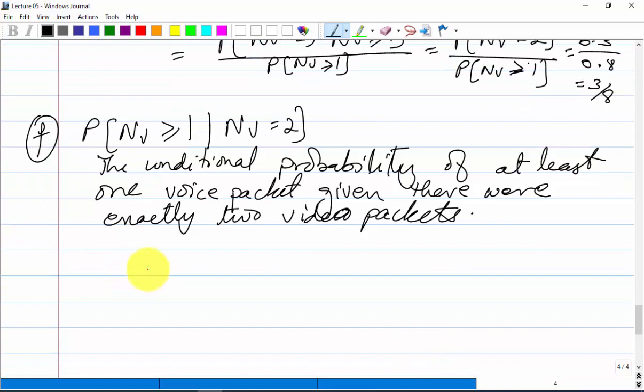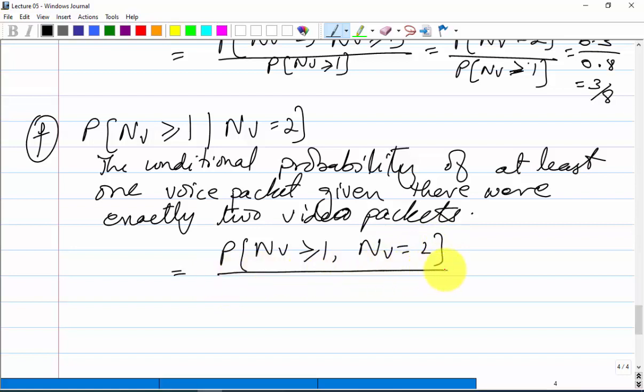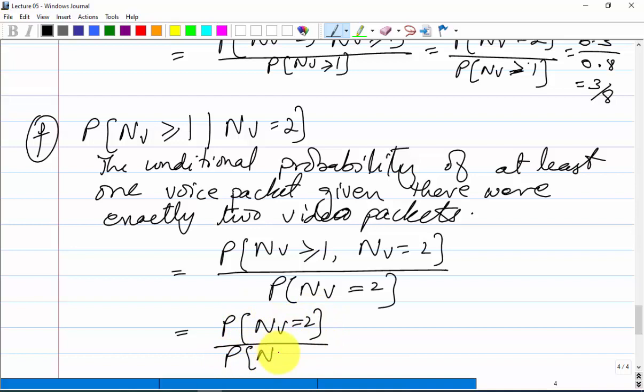So we will write it here as the probability of NV greater than or equal to 1 comma NV equal to 2, divided by the probability of NV equal to 2. Again, from the previous part we know that NV equal to 2 is a subset of NV greater than or equal to 1, so it will be the probability of NV equal to 2 over the probability of NV equal to 2.